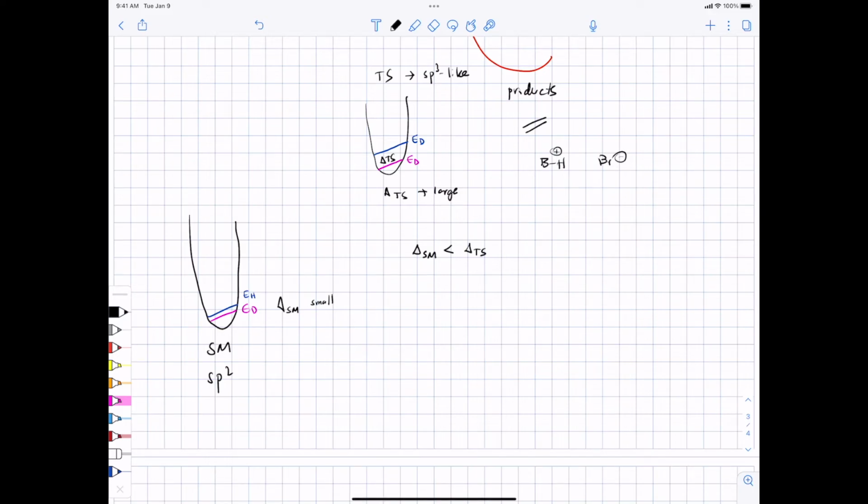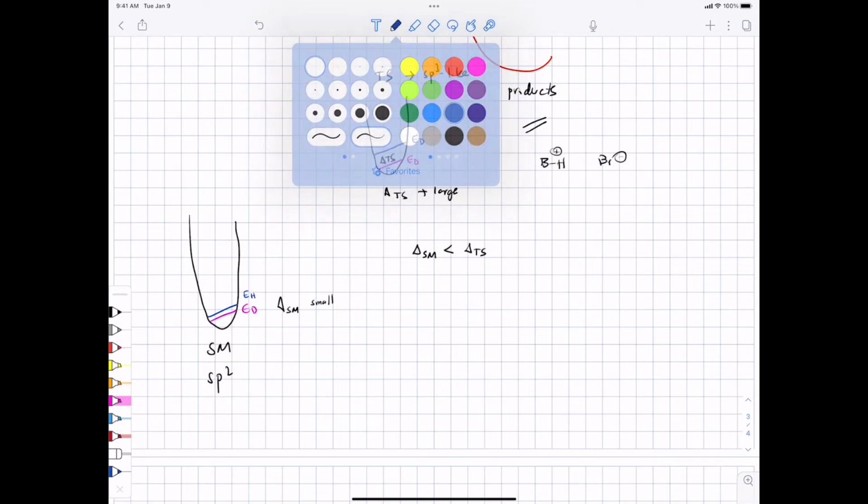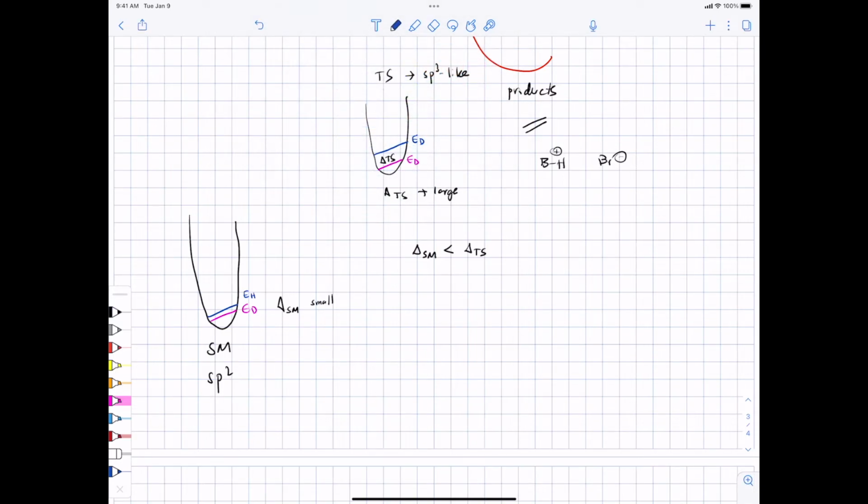So now let's draw our little line sort of estimating activation energies. Here is activation energy for hydrogen. And then let's do it for deuterium.